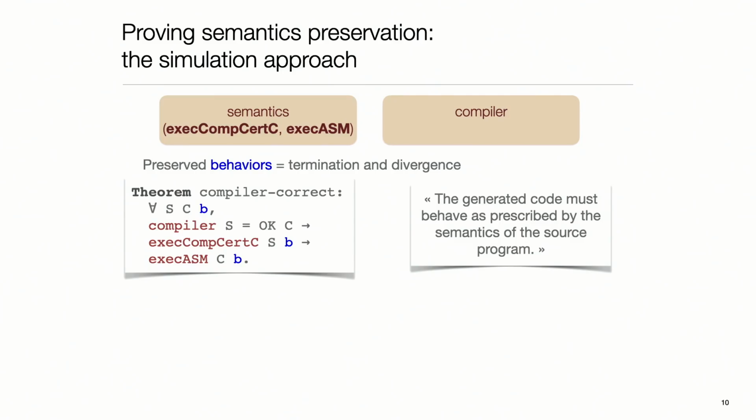For all source programs S and compiled code C, if we can compile S into C, and if S either terminates or diverges with behavior B, then C does exactly the same. If S terminates, then C terminates with the same behavior, including the trace that is the same in both executions.